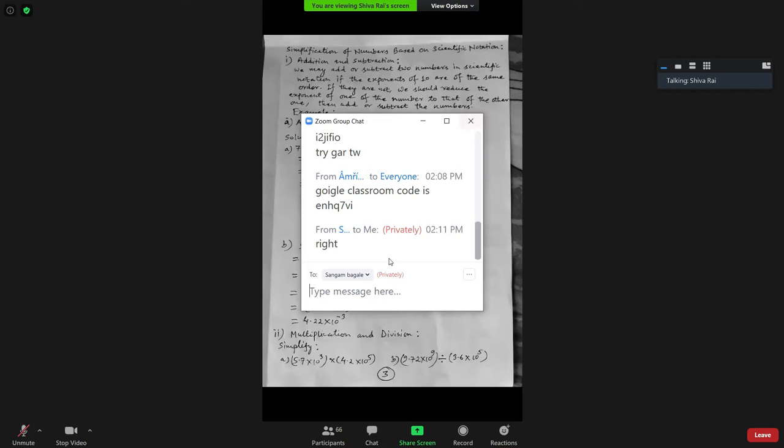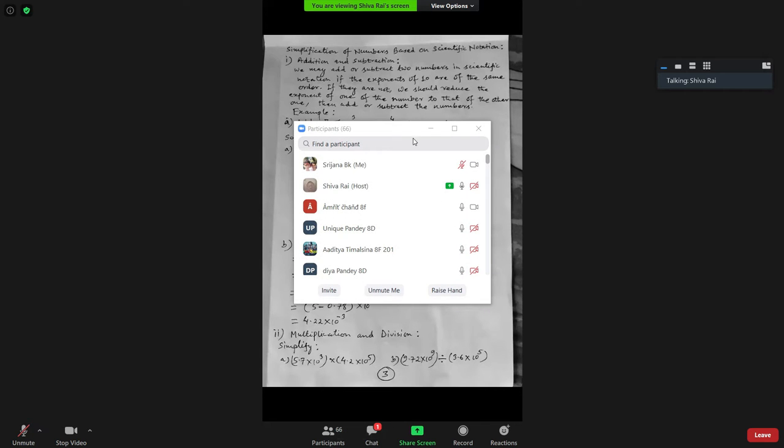In both the terms, the first term and the second term, there is 10 cube. So take the common 10 cube. What remains from the first term? It remains 7.56, and from the second remains 85. So enclose them in a bracket and write outside what you are taking common, that is 10 to the power 3, or 10 cube.